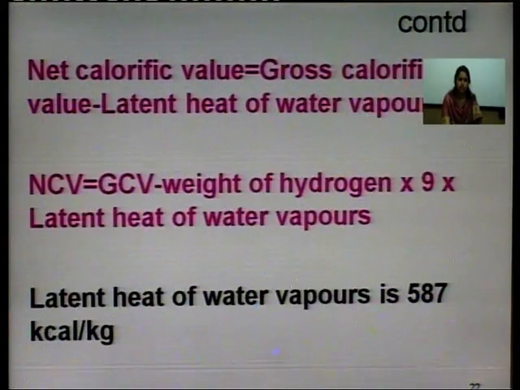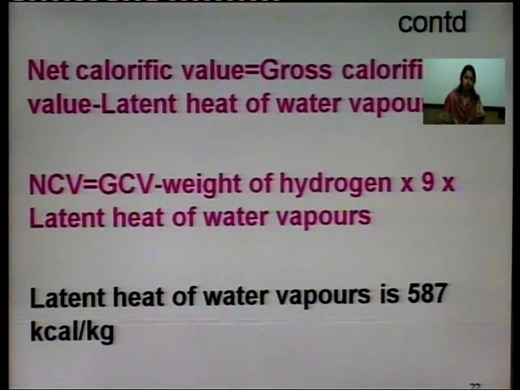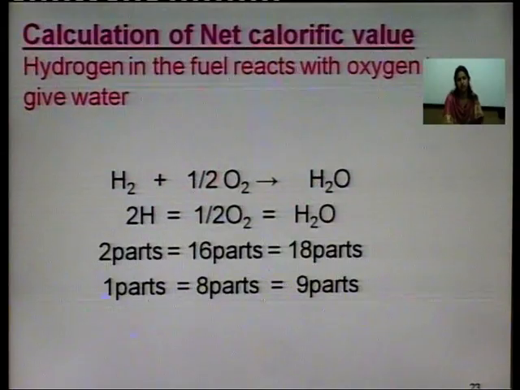So, NCV is equal to GCV, that is gross calorific value, minus the weight of hydrogen into 9 into latent heat of water vapors. The latent heat of water vapors is 587 kilocalorie per gram. So, let us discuss the calculations in detail.